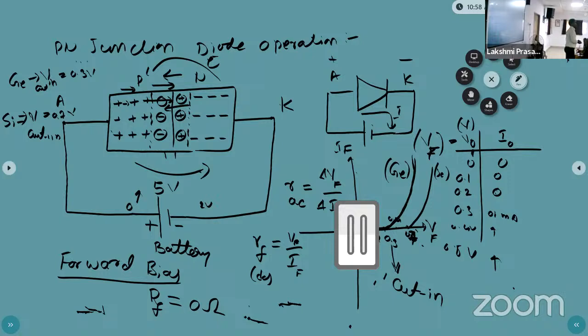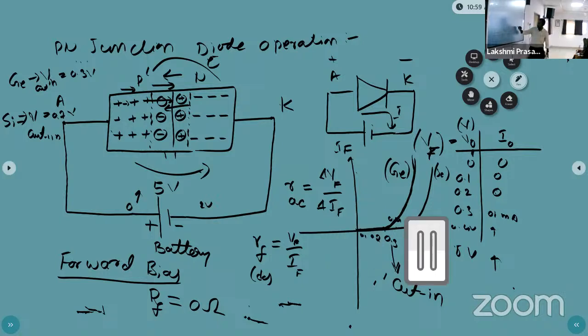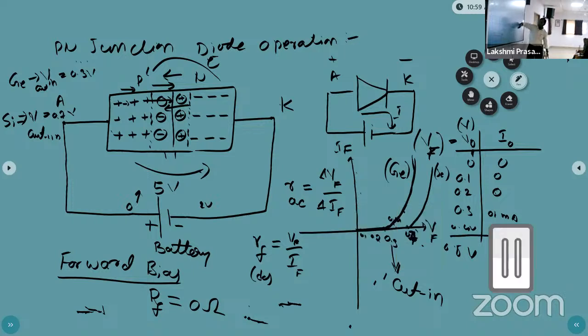How will you get the difference of forward voltage? Higher voltage minus lower voltage. For example, you can take this voltage and this voltage. This difference is called delta Vf, and this difference is delta If. This is the change in the voltage and change in the current. So this resistance is called dynamic resistance.